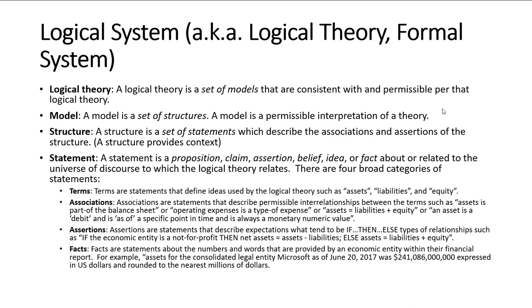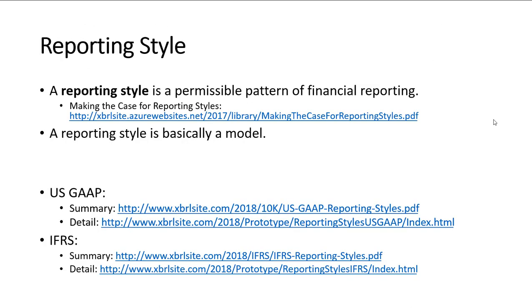Those relations are described in the accounting standards, and they're basically rules that drive what you are and are not allowed to do in a report. And those are basically models. A reporting style is basically a model, and it's a permissible pattern of financial reporting.